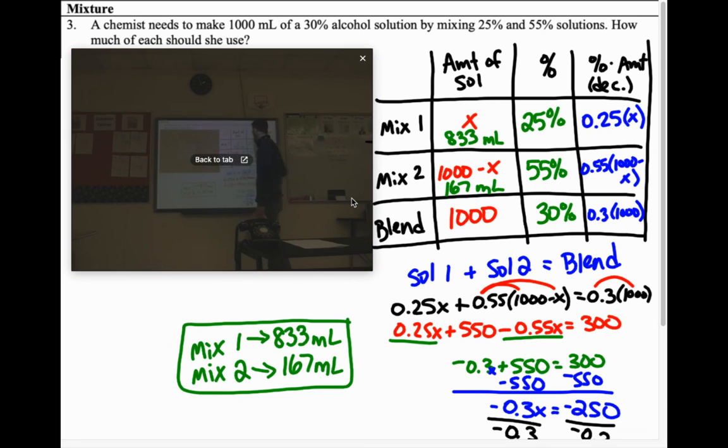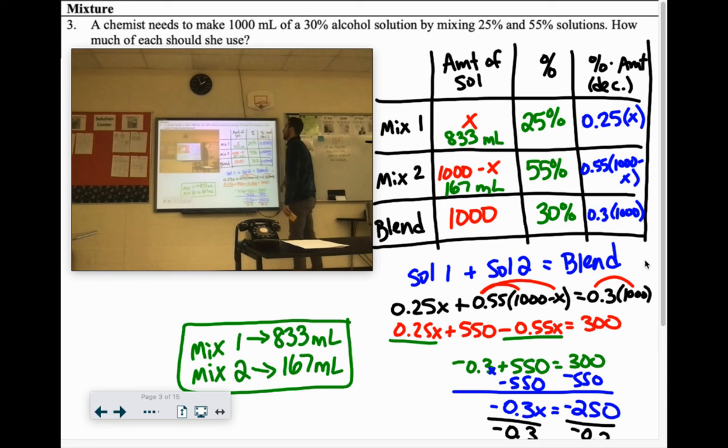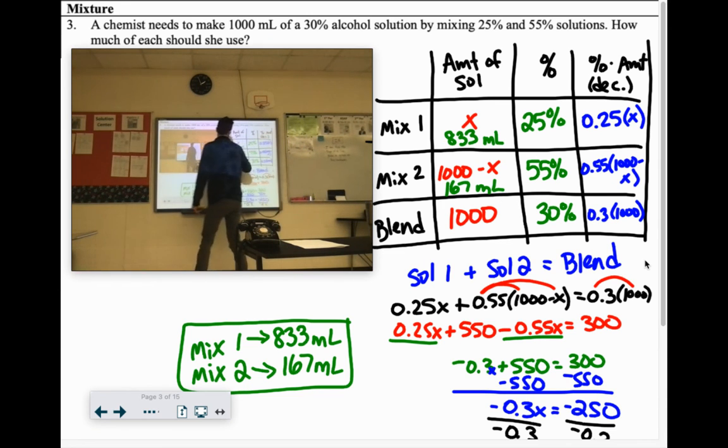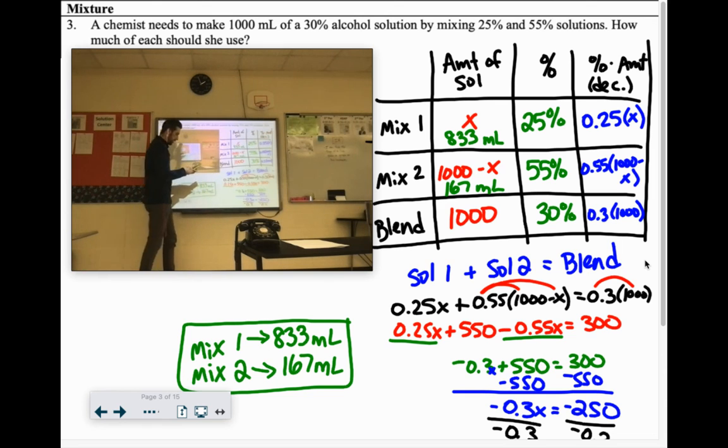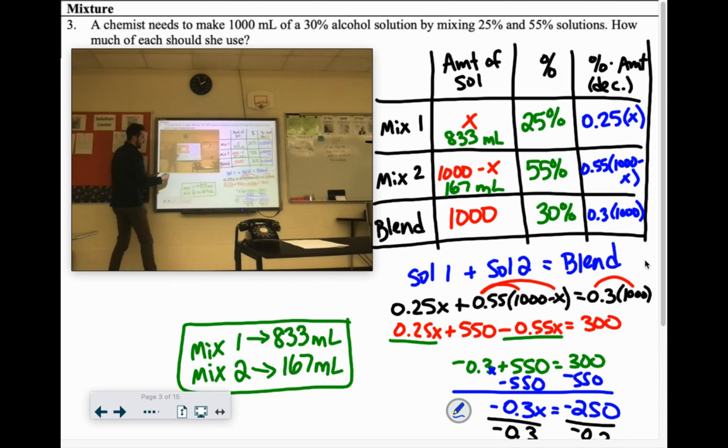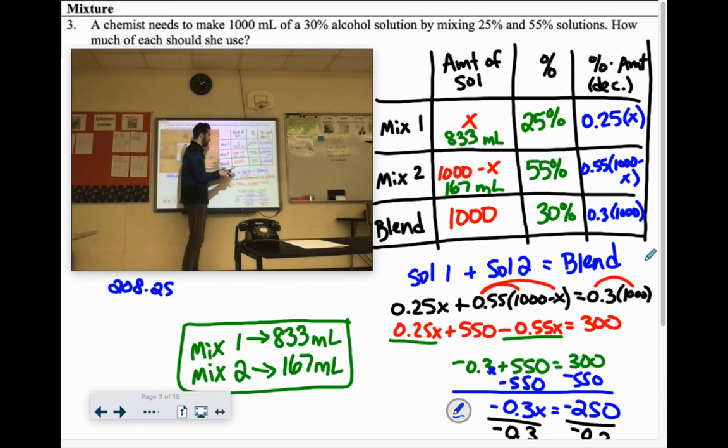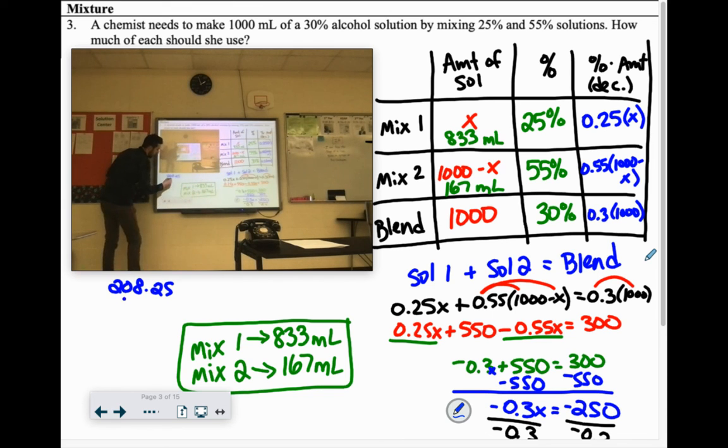Here's something else we could check. If we're doing 833 milliliters at 25%, if we did 833 times 0.25, it comes out to 208.25. If we did 167 times 55%, or 0.55, that's 91.85.